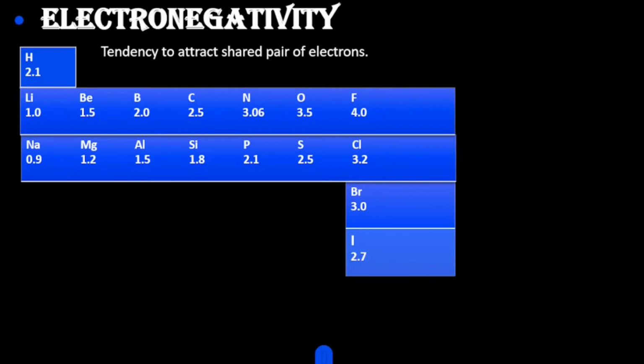So it is better to remember some points, some data from this, as much as you can remember. It will be beneficial. You can see here that fluorine is the most electronegative, meaning fluorine has more tendency to attract a shared pair of electrons. Now we will move on.